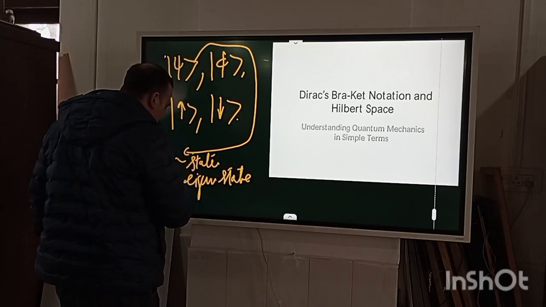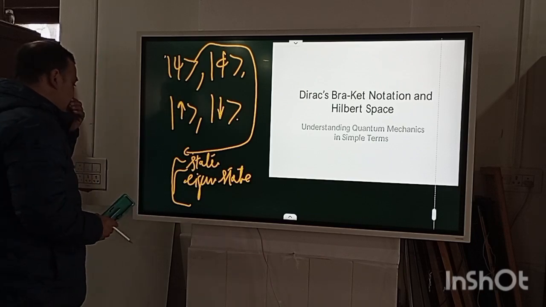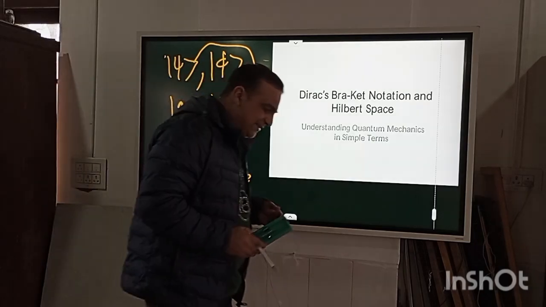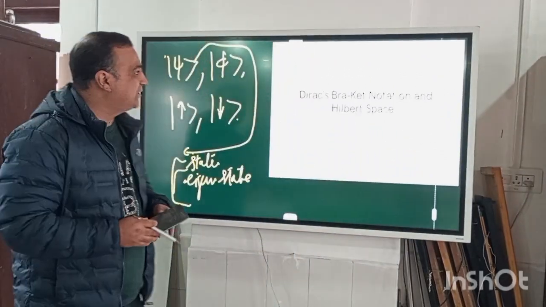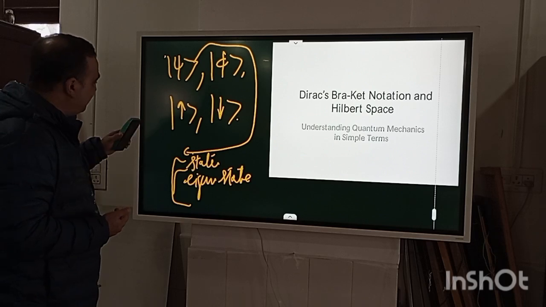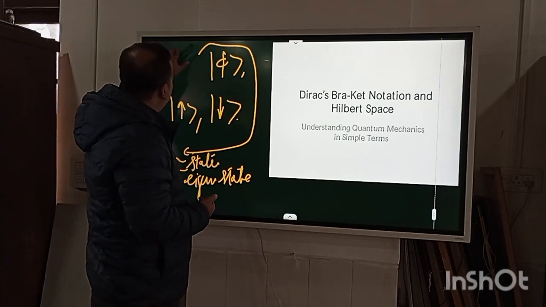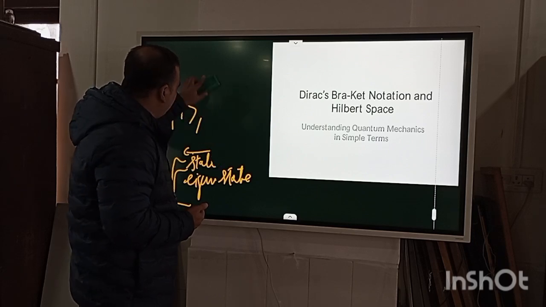There are a range of ways in which the state of the system can be carried in terms of the ket of that state. As we said, this ket can represent the spin of the particle.